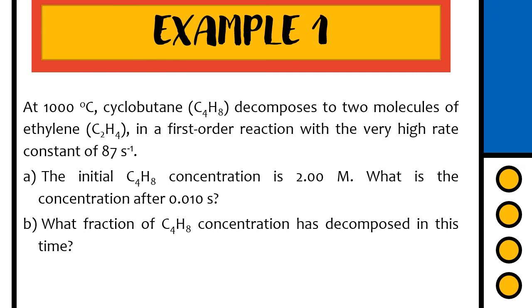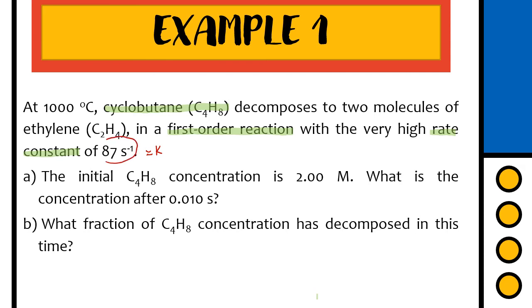The information given is a first order reaction for the decomposition of cyclobutane, and the rate constant is given to you. The rate constant is your k, so 87 per second here is actually the value of our k.